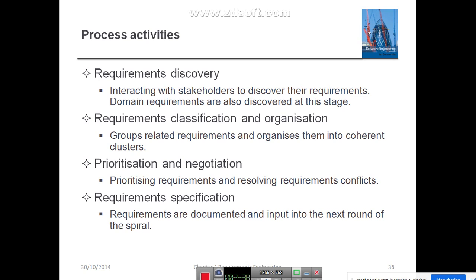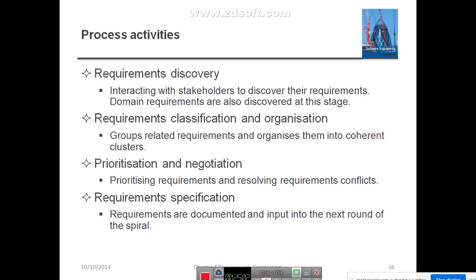Clear? The next is requirements classification and organization. The name itself indicates you are going to classify the requirements. If two or more requirements fall into the same related concept, at that time you are grouping such related requirements into one group. Clear?